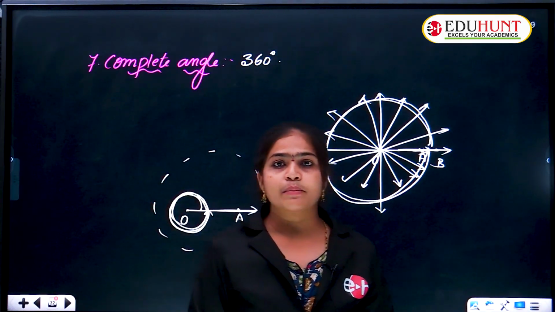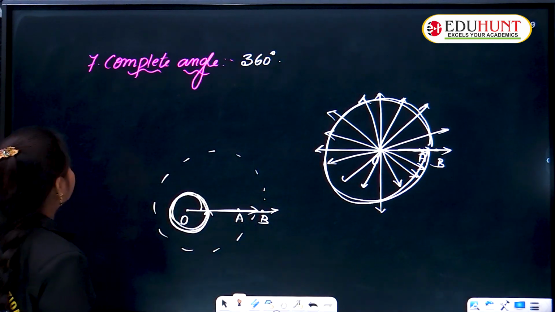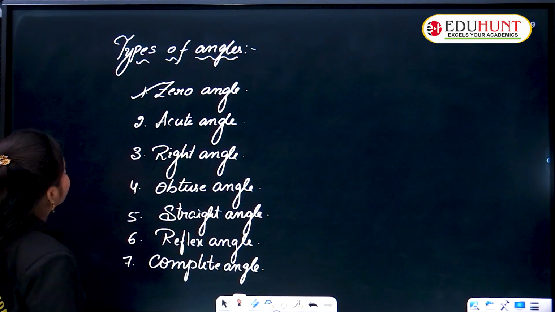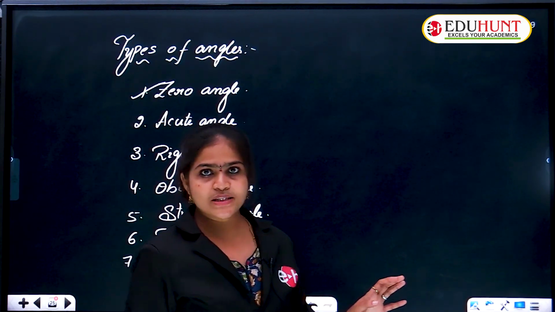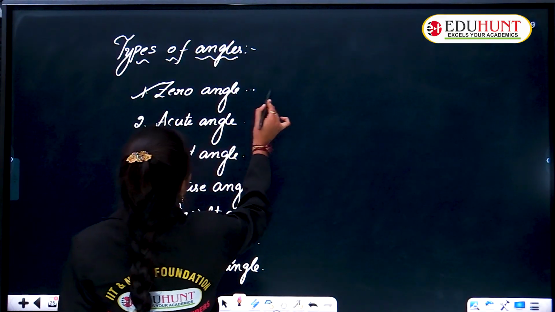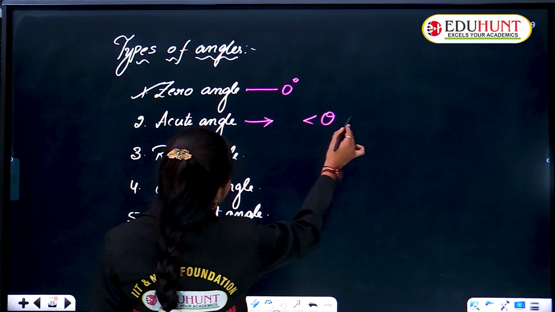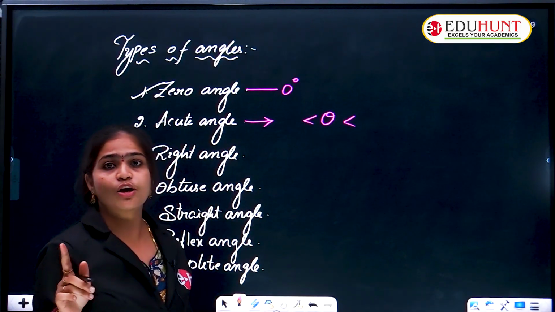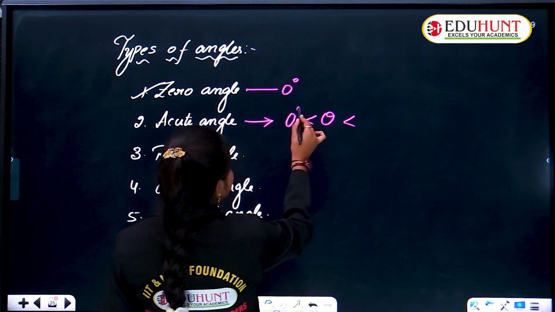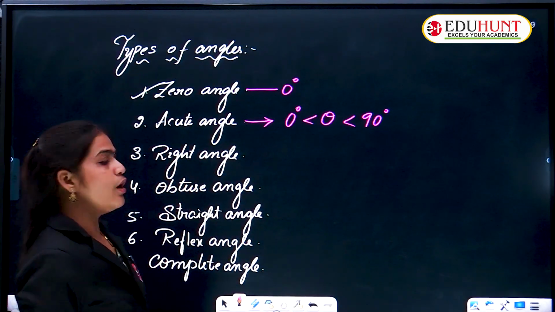Understood? This is about the types of angles. Just to recall the measurements once again: zero angle means 0 degrees. Acute angle means theta lies in between 0 degrees and 90 degrees, where instead of angle we take the symbol theta.